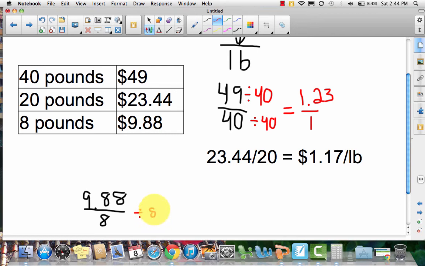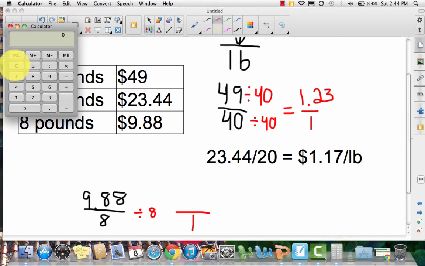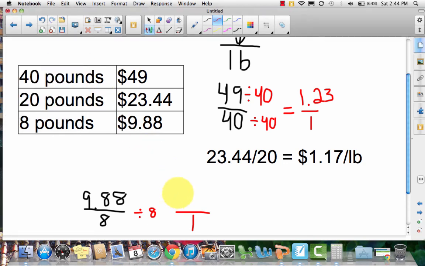So the denominator becomes a 1. And now I have to use my calculator. 9.88 divided by 8 is 1.235. I'm dealing with money, so I round to the hundredths place, and that becomes 1.24.